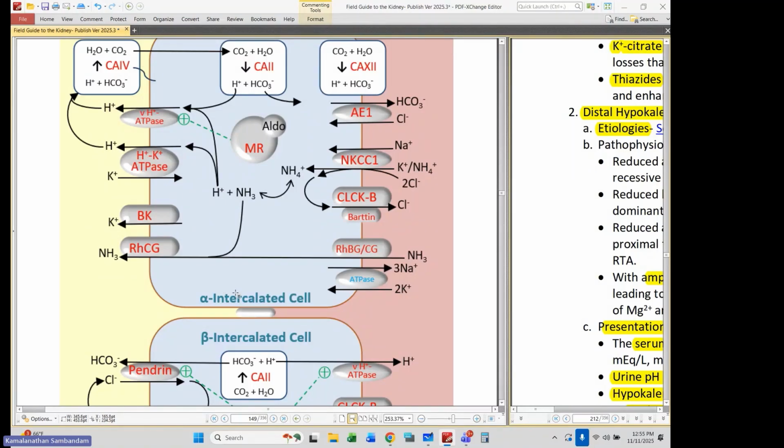I don't need to invoke a proximal defect. I can still say this is a distal defect. It's just that the defect is not only in proton secretion, but also in ammonium recycling.